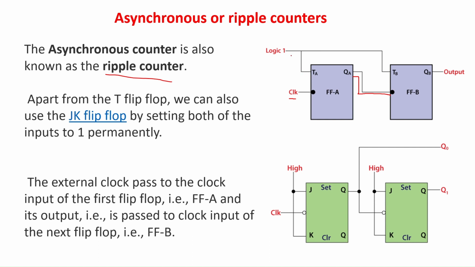This is because when T is 1 and the clock signal is applied, the output is the toggled version of the previous output. Similarly, in a JK flip-flop, when both J and K are 1 and the clock signal arrives, the present output is the toggled version of the previous output.